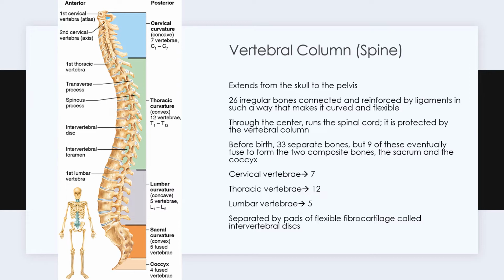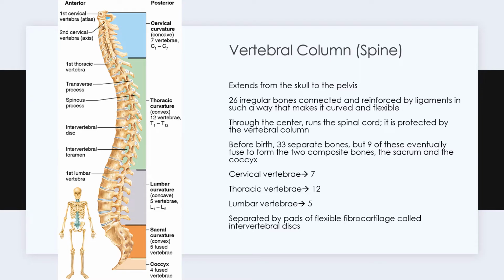I say spinal column, it is not your spinal cord. Your spinal cord is what runs through it, and it's part of your nervous system, but your vertebral column is what protects it. In general, the vertebral column is made up of 26 irregular bones. Remember the type of bones classified by shape, connected and reinforced by ligaments in such a way that makes it curved and flexible.